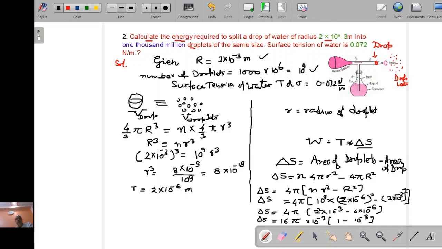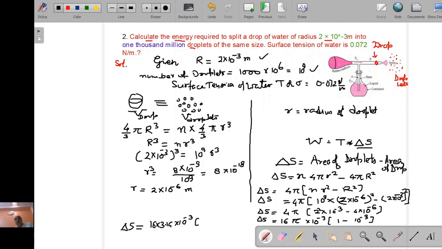Hence, the change in area is equal to 16 into 3.14 into 10 to the power minus 3 into 1 minus 10 to the power minus 3. 10 to the power minus 3 is 0.001.